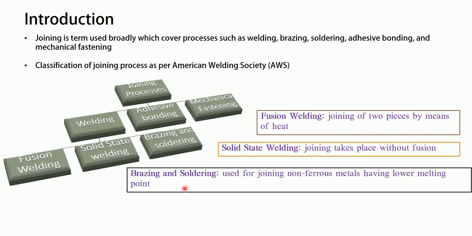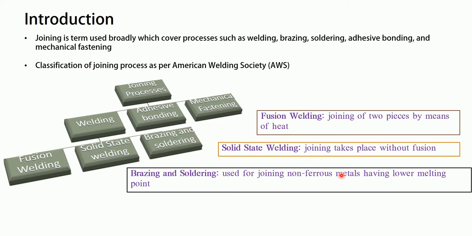Third one is brazing and soldering. These brazing and soldering joining processes are used for joining the non-ferrous metals or alloys which have lower melting points, in the range of 200 to 500. So that means aluminum alloys.